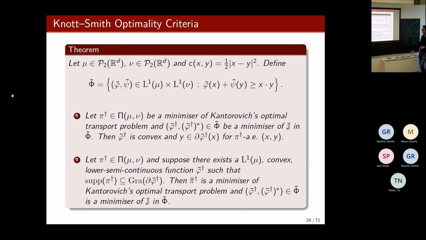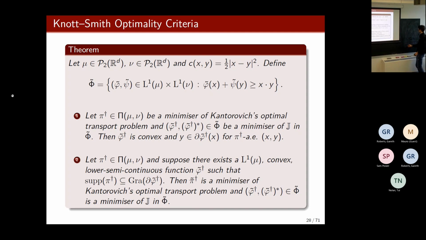So maybe I can sketch this out. My psi tilde is convex, so simply say it looks something like this. What this is saying is that the support of my minimizer pi dagger is going to be in the gradient of this function. So this is my psi tilde right there.